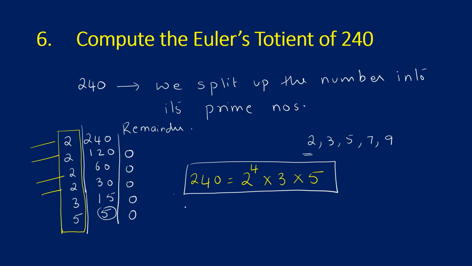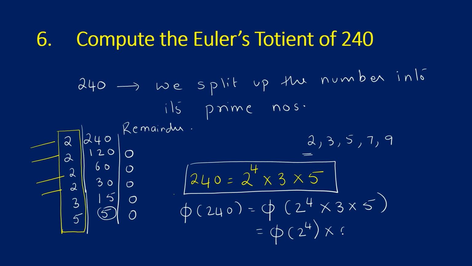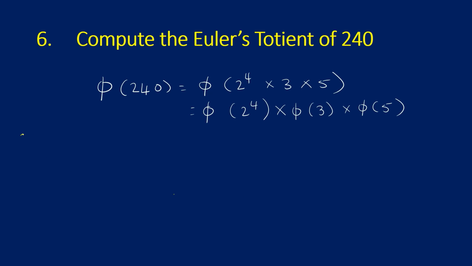Now we want to find the Euler totient of 240, that is, the Euler totient of 2 raised to the power of 4 into 3 into 5. That is the Euler totient of 2 raised to the power of 4 into the Euler totient of 3 into the Euler totient of 5. Now what is the Euler totient of 2 raised to 4? You can compute it as 2 raised to 4 minus 2 raised to 4 minus 1.